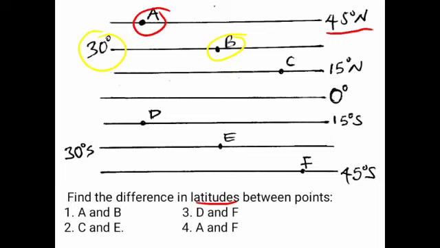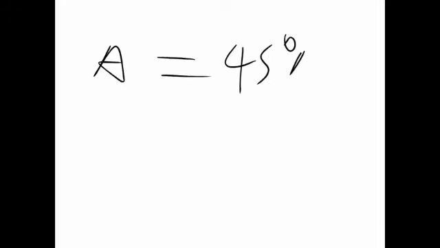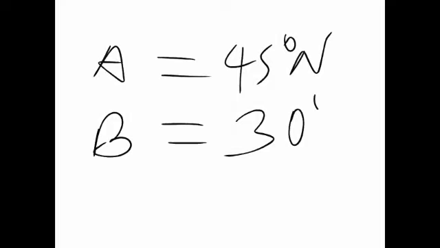Identify the direction, the two latitudes where point A and B, you've been asked, are heading in what direction. So we can see that the latitudes where B and A are lying on, they are heading in the north. All of them are heading in the same direction. That simply means that we're going to say A is lying on 45 degrees north and B is lying on 30 degrees north.